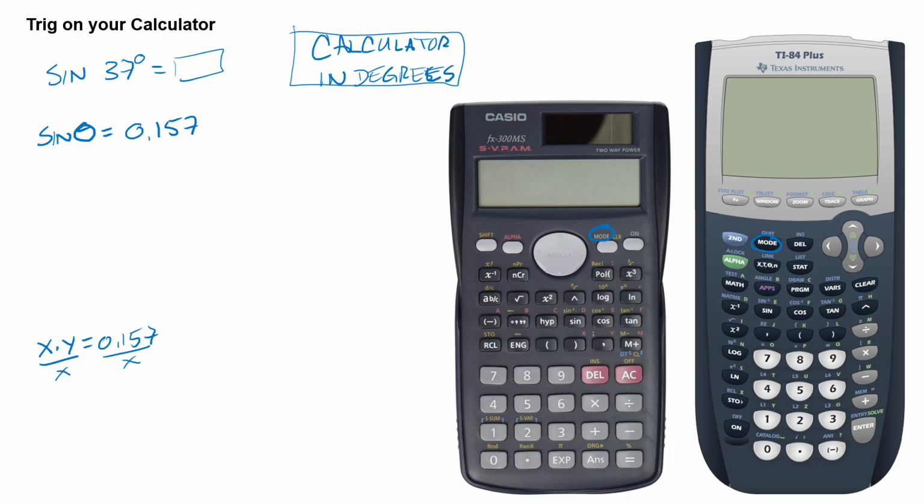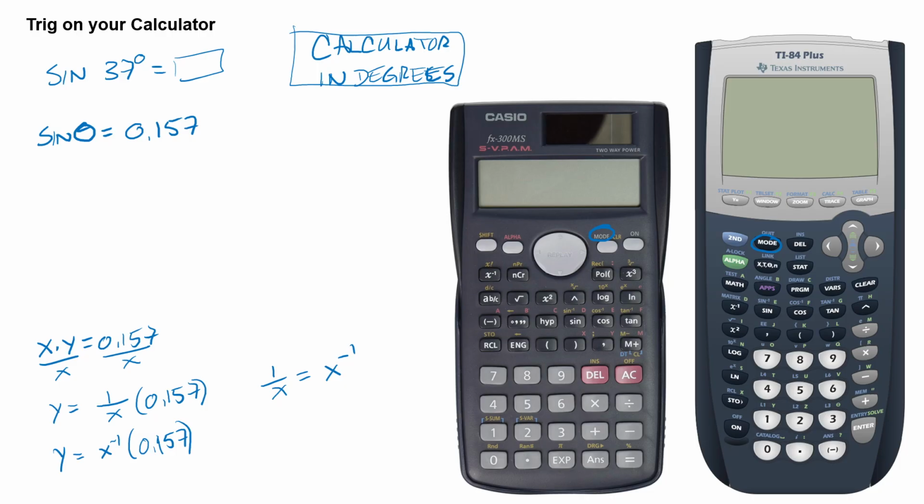So y would equal 1 over x times 0.157. And you know that 1 over x is the same thing as x to the negative 1, so y equals x to the negative 1 times 0.157.